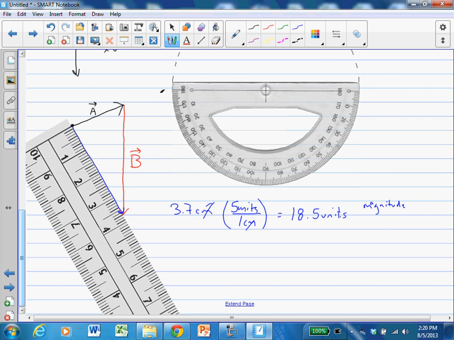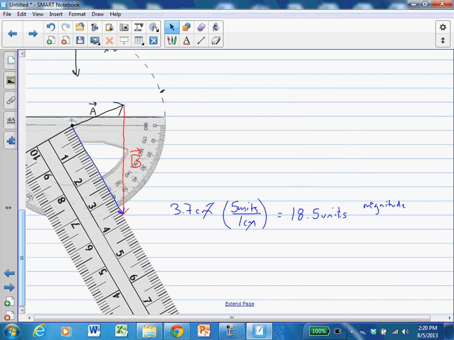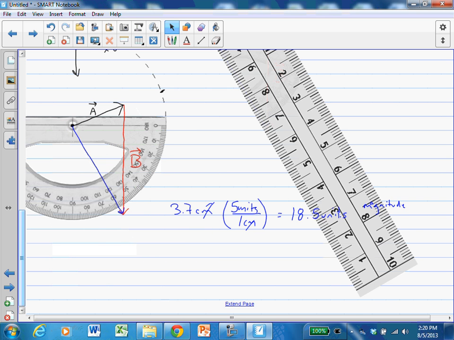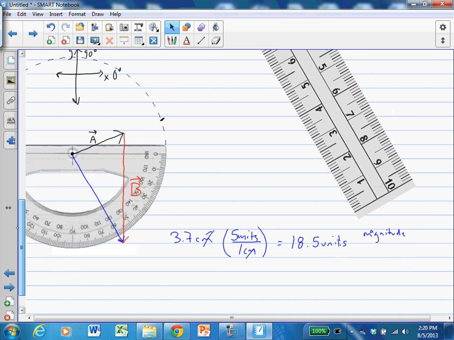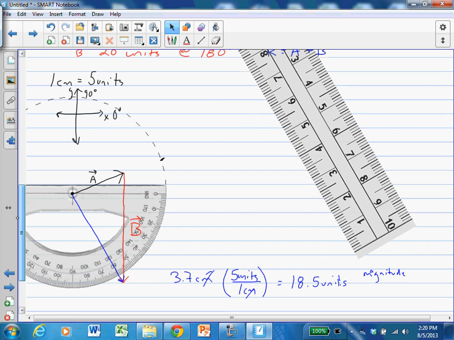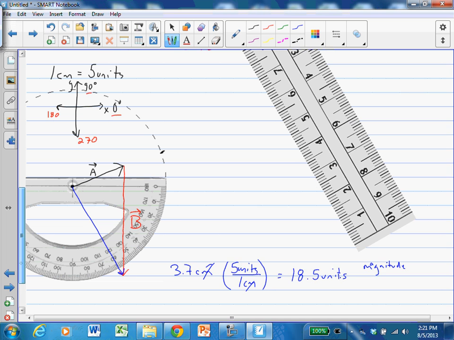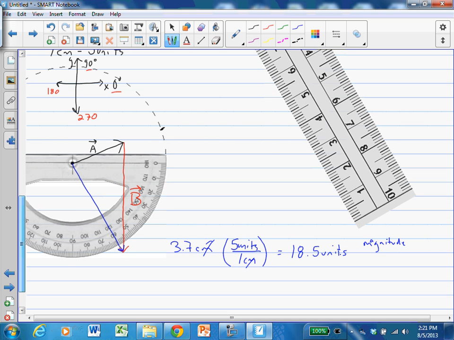Well, that's where I take this over, and I have to use a little creativity here, okay? Or just some thought. So this is 0, this is 90, this is 180, that's 270, right? So with this flipped over, that's 270 right here, and then that would be 280, 290, I'm right at 300.